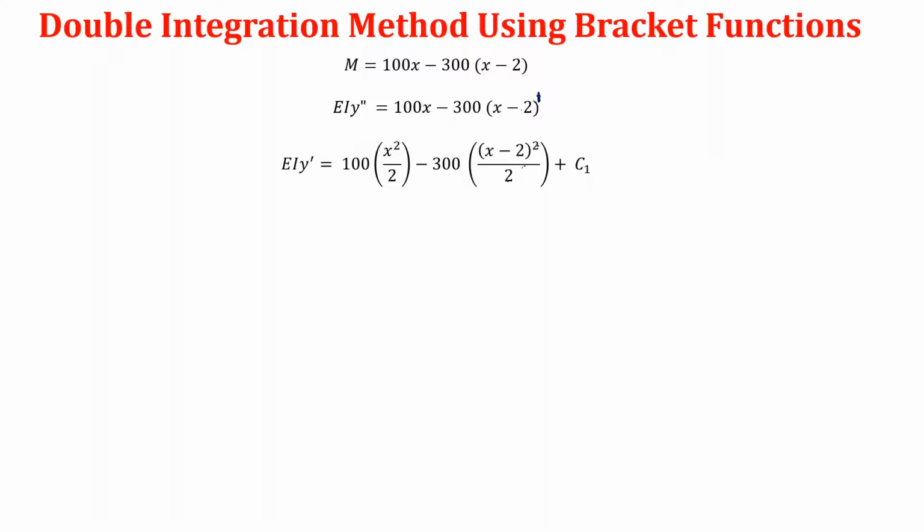And then integrate further: EI y is equal to 100 times x cubed over 2 times 3 minus 300 times x minus 2 raised to 3 over 2 times 3 plus C1x plus C2.